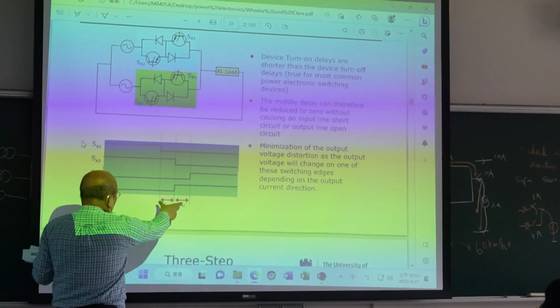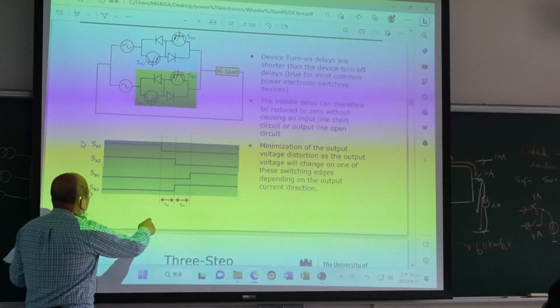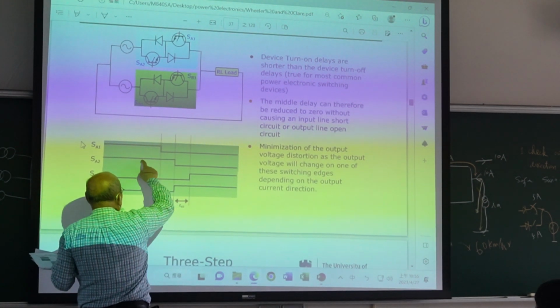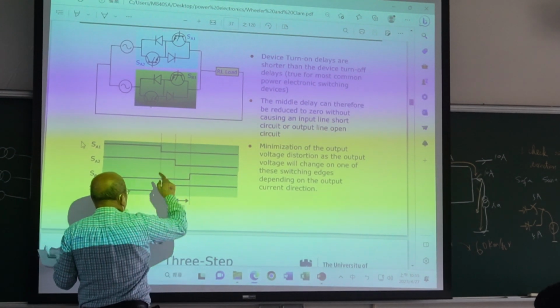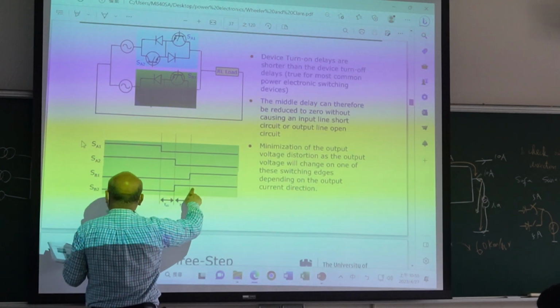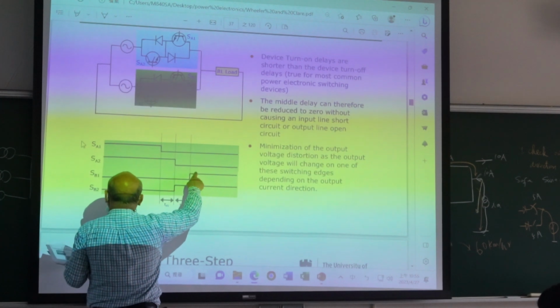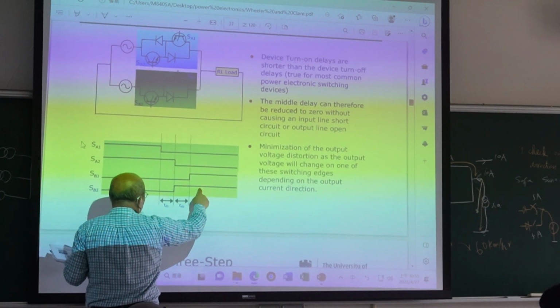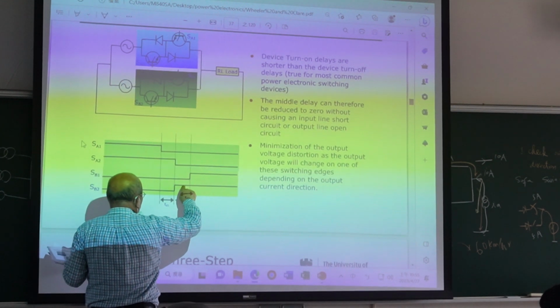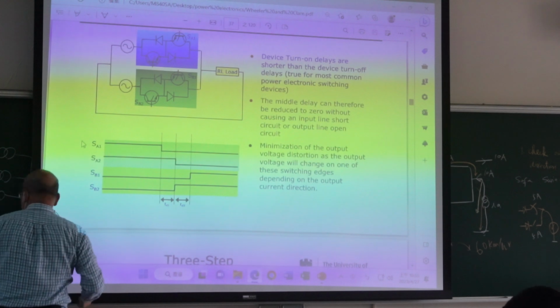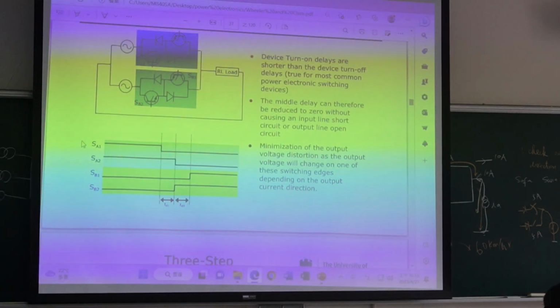So you can see we have a time sequence. A1 and A2 share 10 ampere. Then A2 shares 10 ampere. Then we can see B and A. Then A turns off and B changes from 5 ampere to 10 ampere. So this is the current commutation.